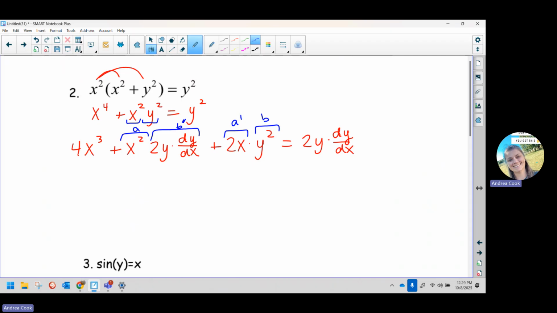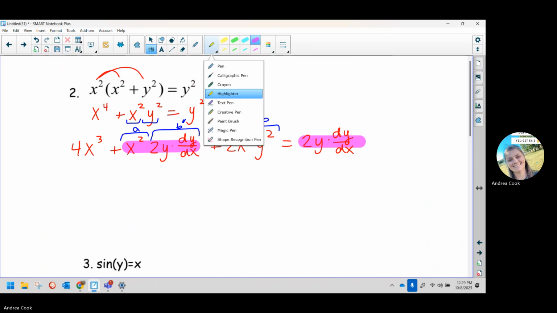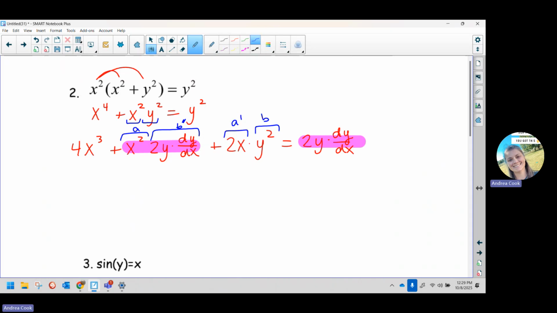So that means anything that has a dy over dx attached to it, so like this term and that term, they need to be on the same side of the equal sign. And then without dy over dx need to be on the other side. Are you okay with me doing that? Well, it's only one step. So I'm going to take this term and minus it to the other side.